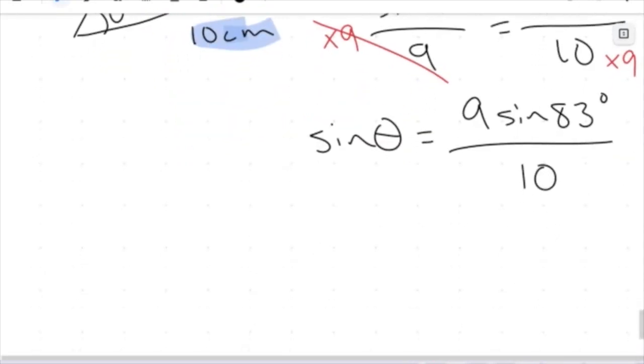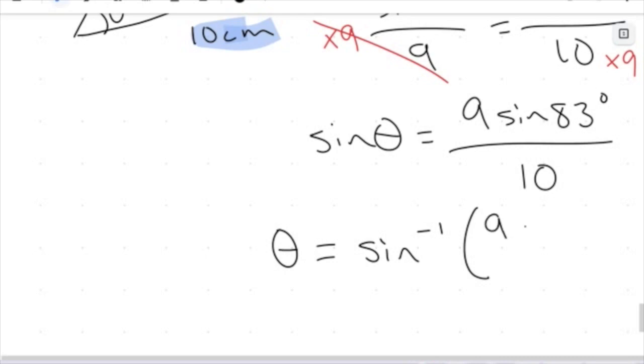Now I want to get to theta at the end of the day, don't I? I've got an expression for sine of theta, but I want to get to theta. So I can take the inverse sine to find the angle. I want to take the inverse sine of both sides, so that leaves me with theta.